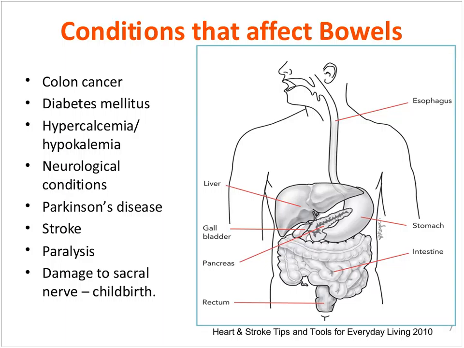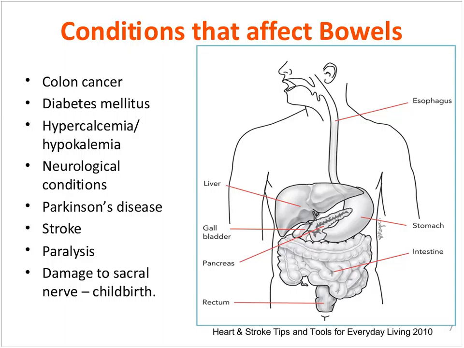So a little bit of background on conditions that affect the bowels. We've got a diagram here. It shows the stomach, and then the food moves into the upper intestine, and then the lower intestine. The small bowel is where the nutrients are absorbed, and the large bowel is where the fluids are absorbed. And our bowels are really quite an intricate system.